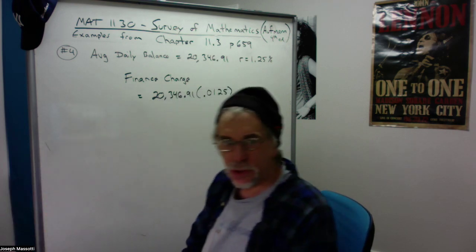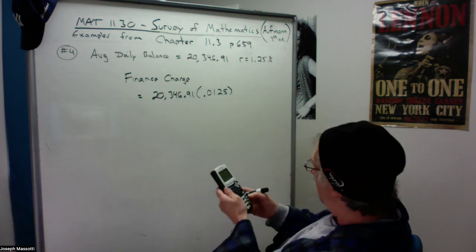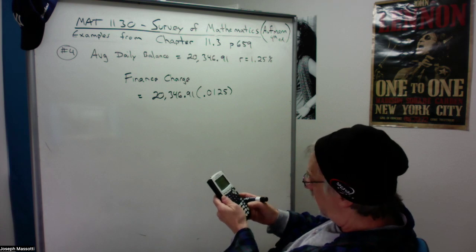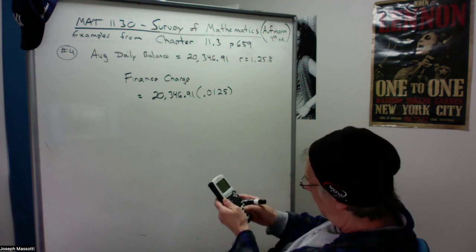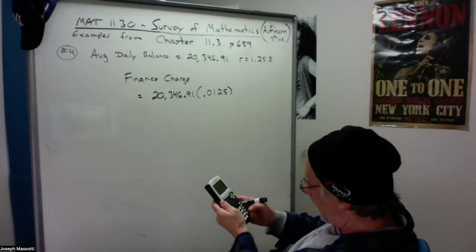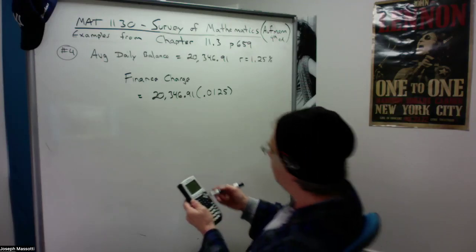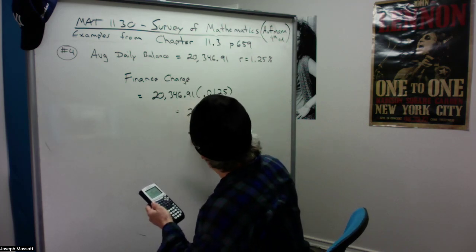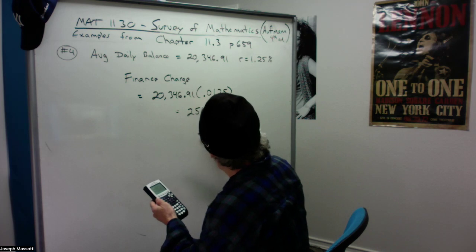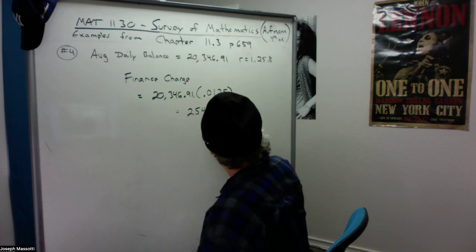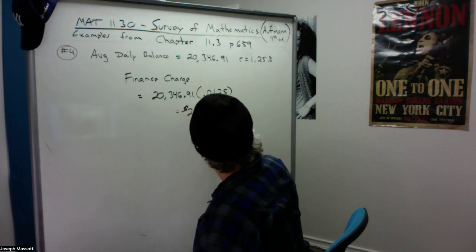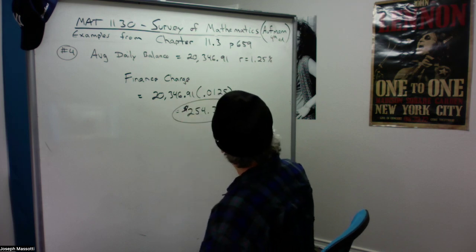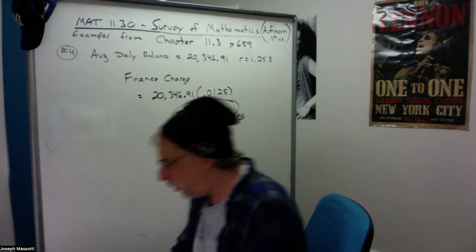We just multiply those numbers together and we get our answer. 20,346.91 times 0.0125. Our finance charge is going to be $254.34. That is your answer to number 4.